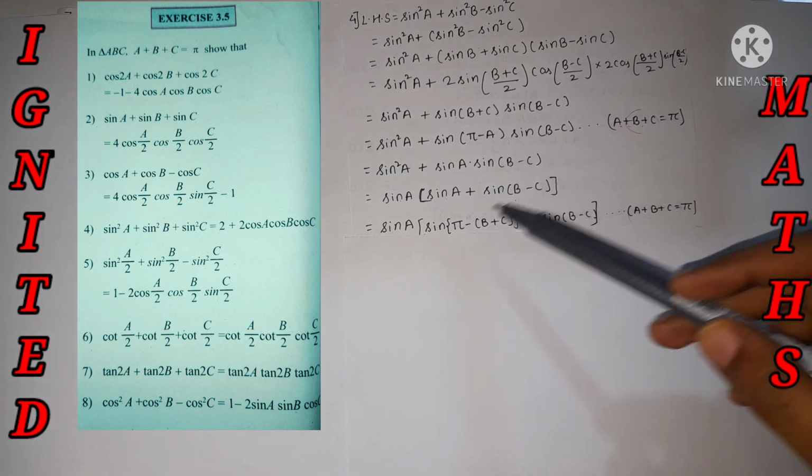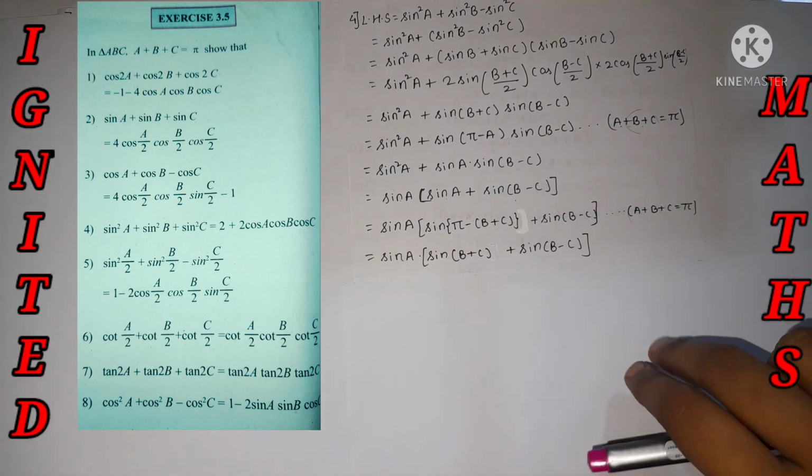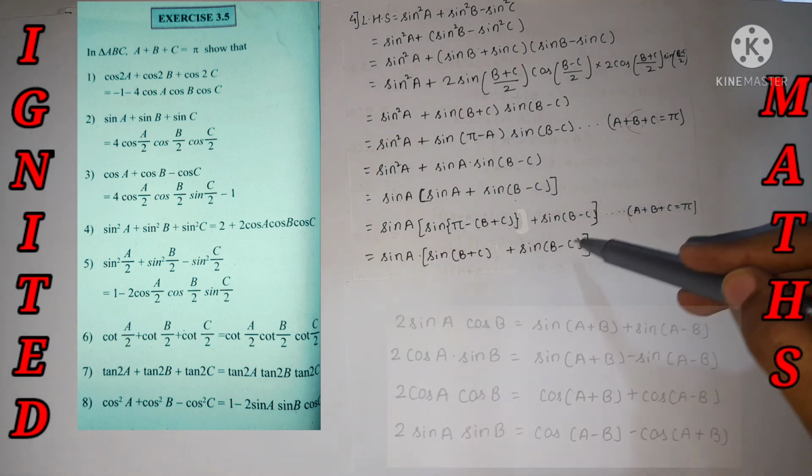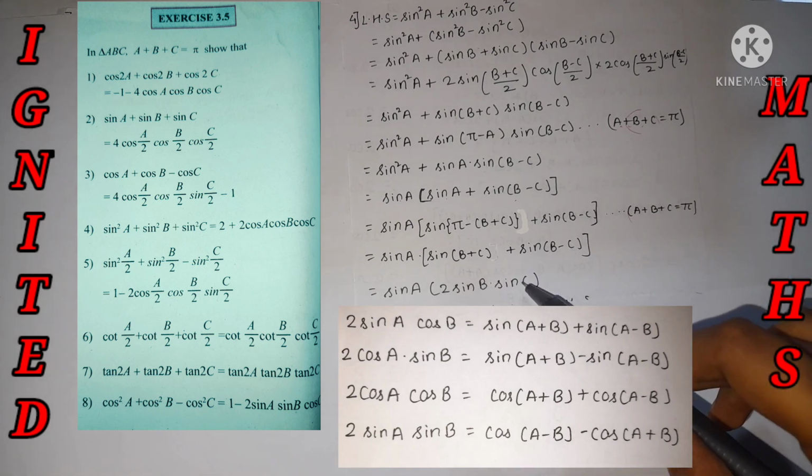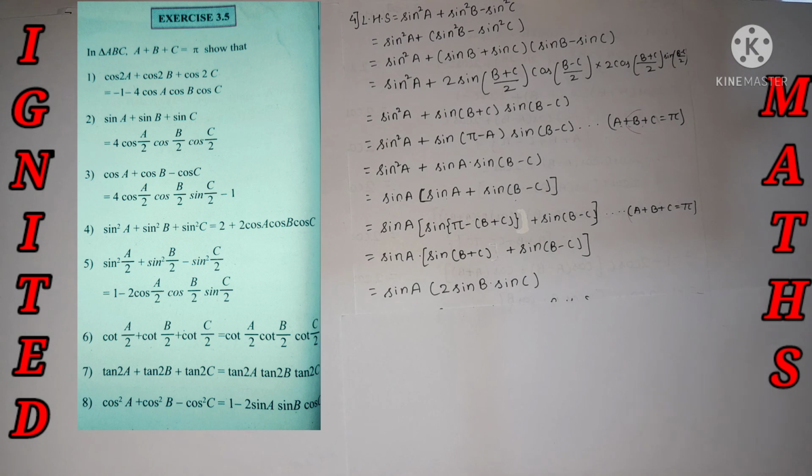So sine (pi minus theta) is nothing but sine theta, plus sine (B minus C). Now it's nothing but one of the formulas, 2 sine B cos C. The alphabet may change, according to the formula it may be A and B, over here B and C, so it changes, but it's absolutely the same. Don't be confused with that part. And we get the answer, the RHS value.